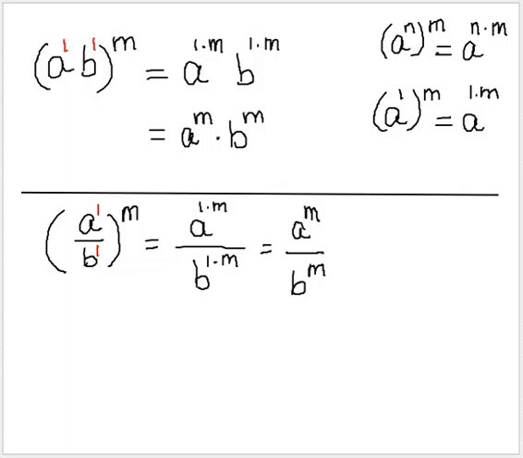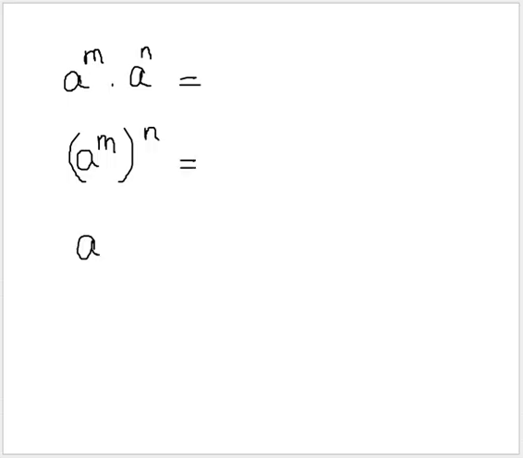Okay, let's look at the quick review. So far we had a to the power of m times a to the power of n, and then we have a to the power of m, the whole thing to the power of n, and then we have (ab) to the power of m, and (a over b) to the power of m.